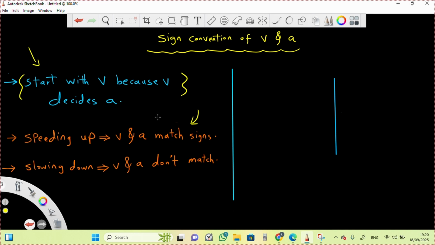And whenever the object is slowing down, that simply means acceleration must take the opposite sign of velocity, whatever the sign of velocity is, positive or even negative. We have to retain this because we're going to need it right now in these examples. We're going to speed up and slow down to the right, speed up and slow down to the left. So let's see.